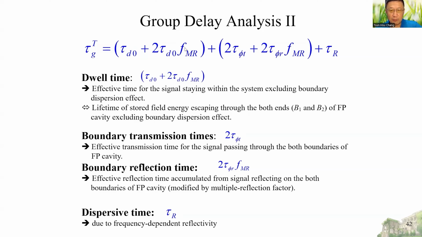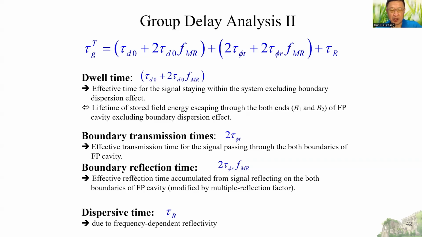And this is multiple reflection. When we pass through the two boundaries, we get two boundary transmission times. That's new. People did not expect this time before.